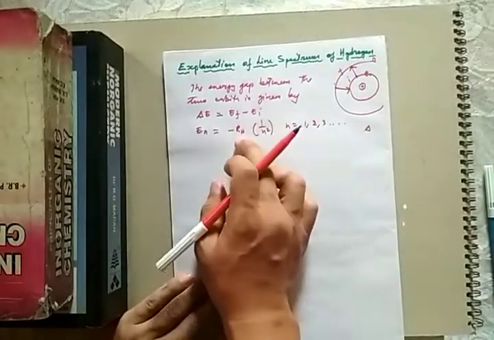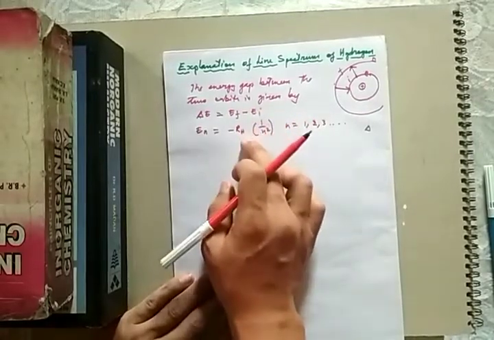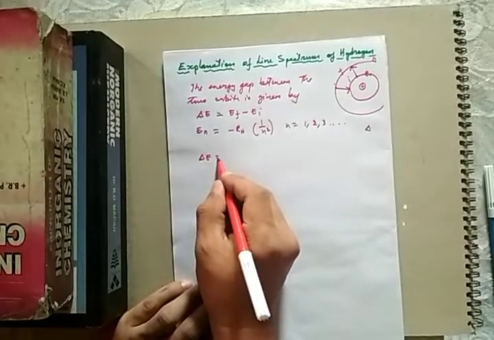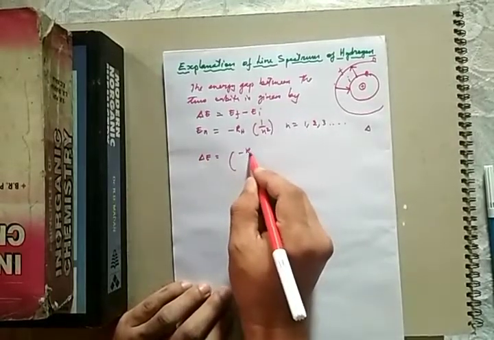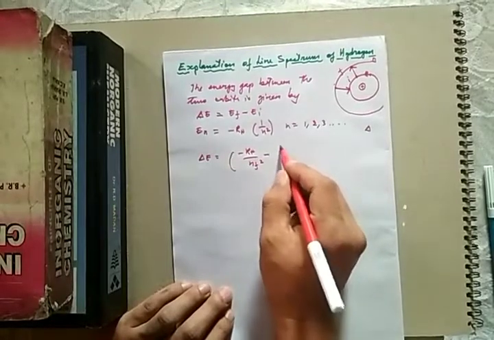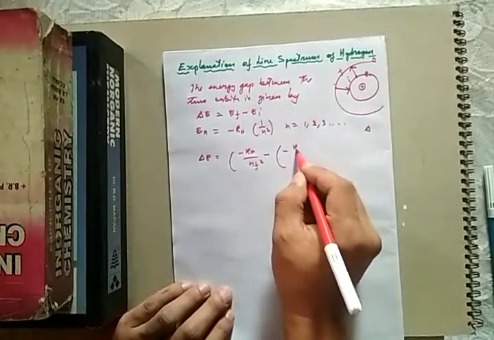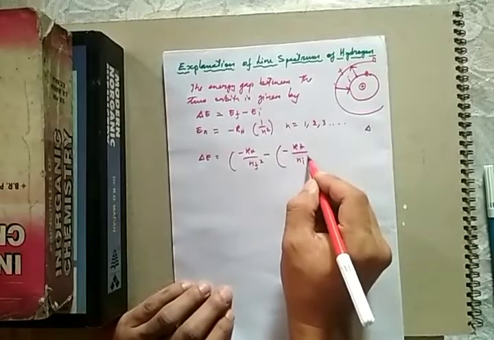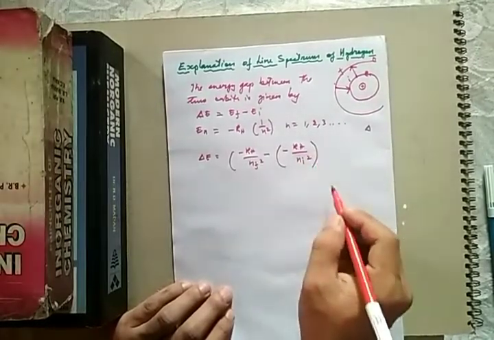By combining these two equations, what we get is delta E is equal to minus RH by nf square minus minus RH by ni square.